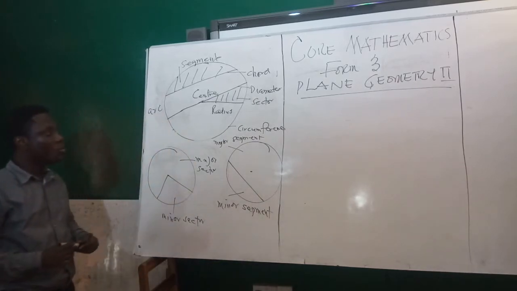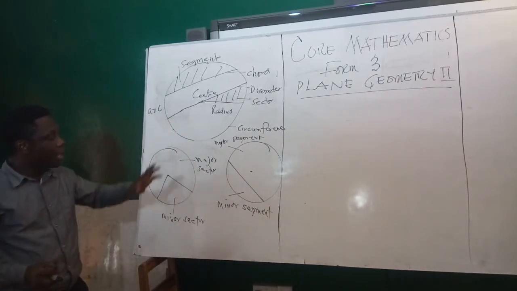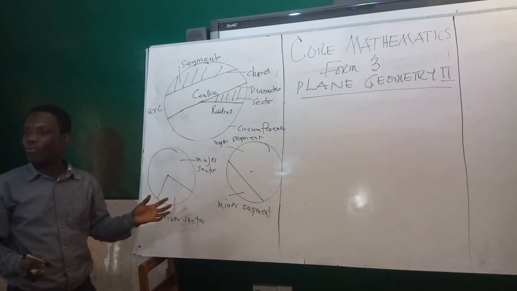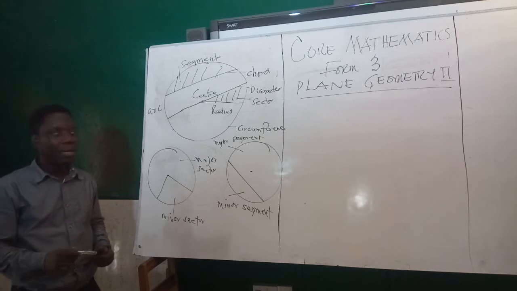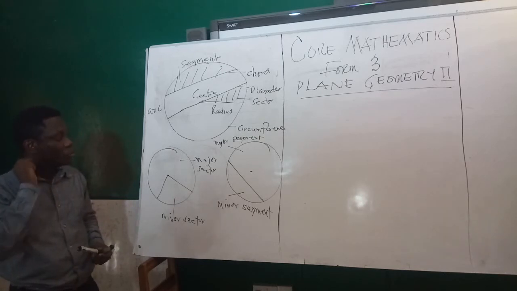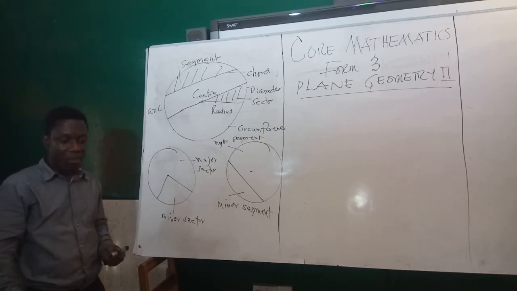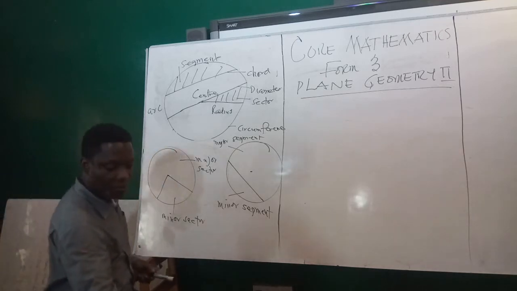So please take note of this. These are some very vital information concerning circles which we need to be able to build on and get into our plane geometry 2. I want to believe they are very, very clear to you now.